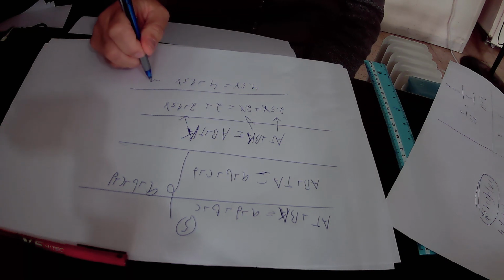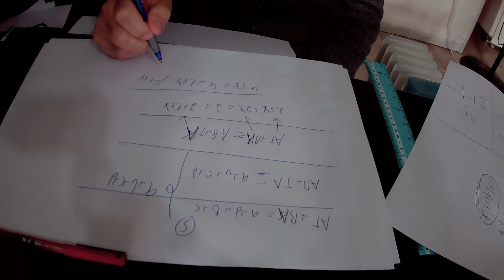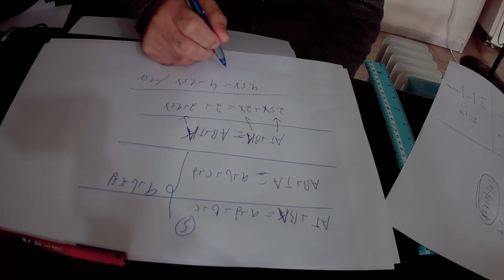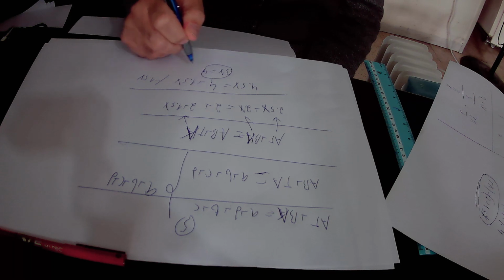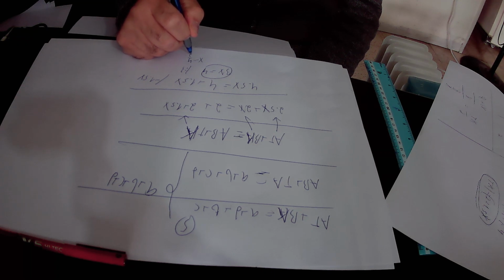Here we subtract 1.5x from this equation. And you get that 4.5x minus 1.5x is 3x, that is equal to 4. Here we divide this equation by 3, and finally we get that x equals 4 over 3 units.